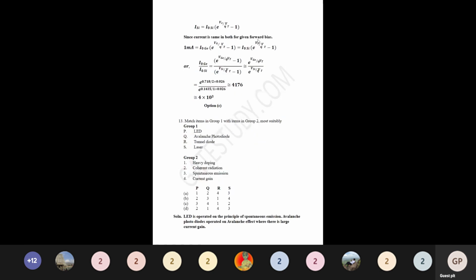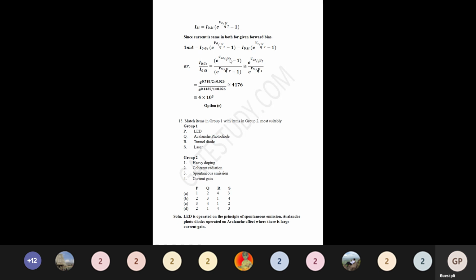Since current is same for both for forward bias, 1 milliampere equal to I naught Ge of e to the power Vg by eta Vt minus 1 equal to I naught Si of e to the power Vs by eta Vt minus 1. The 1 milliampere will get cancelled. So Ge by Si is equal to e to the power Vge by eta Vt minus 1 divided by e to the power Vsi by eta Vt minus 1, which is nearly equal to e to the power Vge by eta Vt by e to the power Vsi by eta Vt.